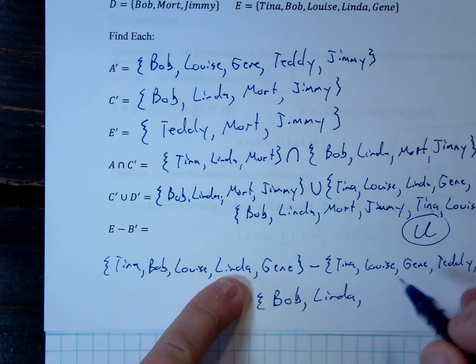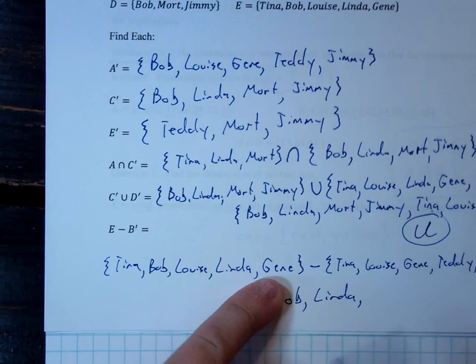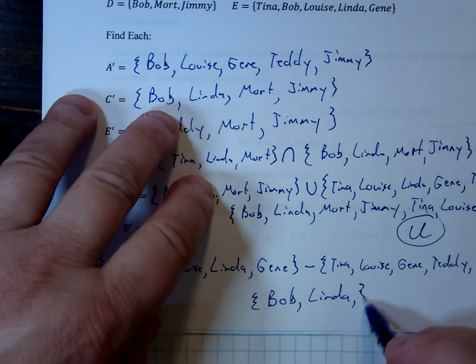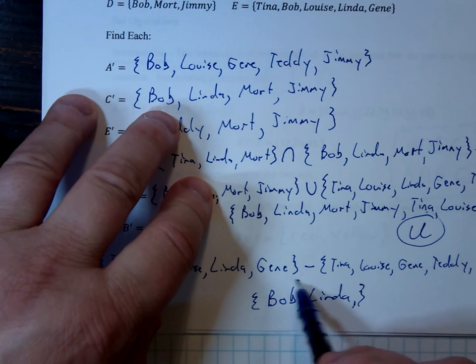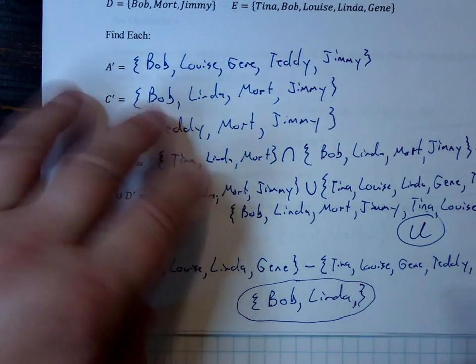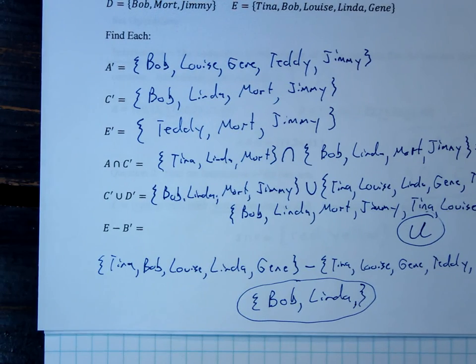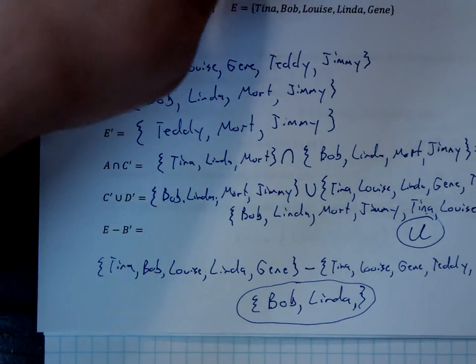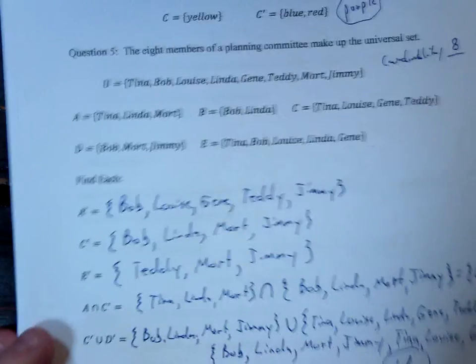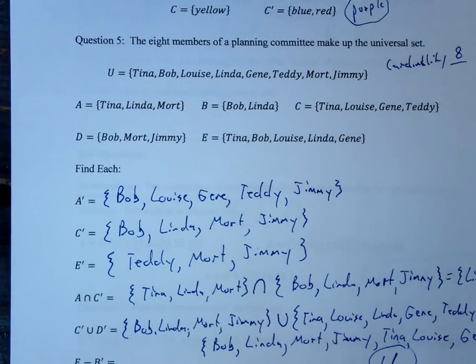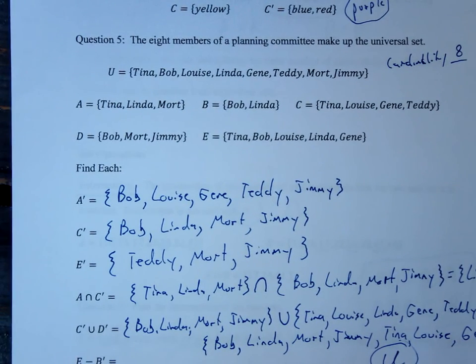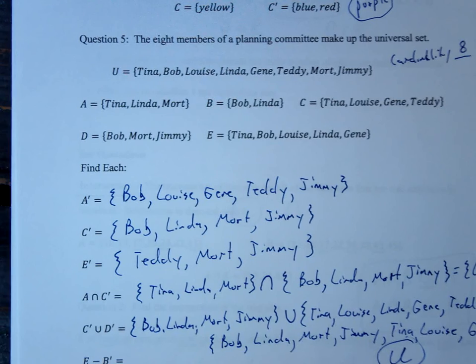Jean is, so he gets taken out. I didn't need that last comma, but it would be Bob and Linda. Now we have a subset that we already named, that's Bob and Linda. So you could write Bob and Linda, or since it's equal, you could write set B, which is true, right? Bob and Linda is set B.